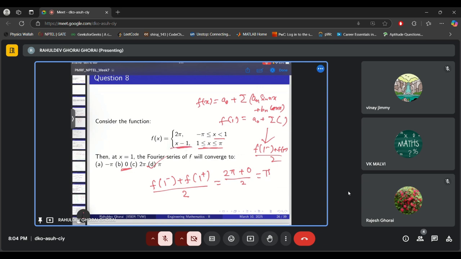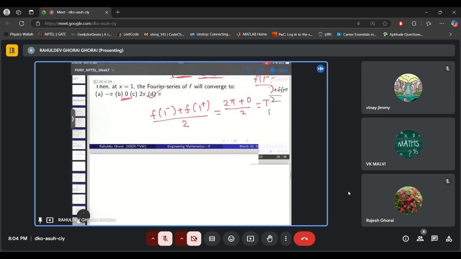So remember, this is a discontinuous function, so it might not behave well for Fourier series. So that's why the dilemma you can see, because f of 1 value is 0 and the Fourier series is converging to a different point.